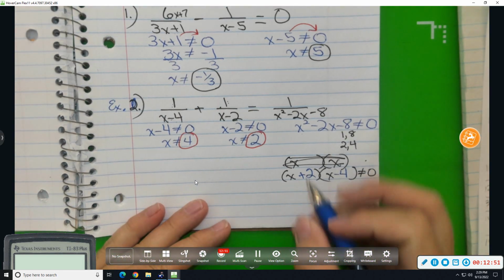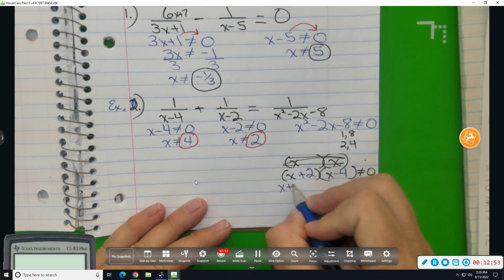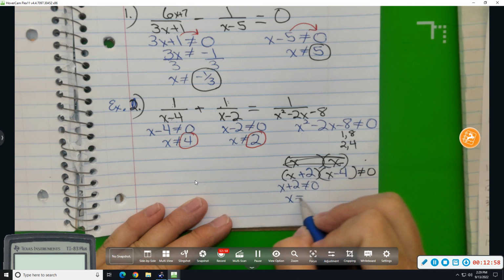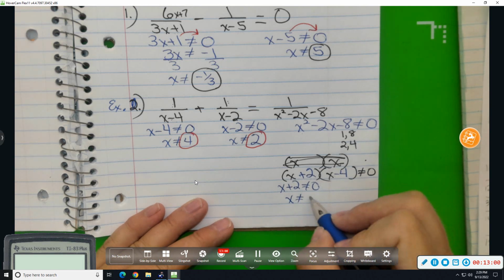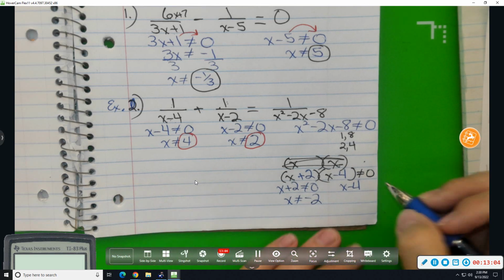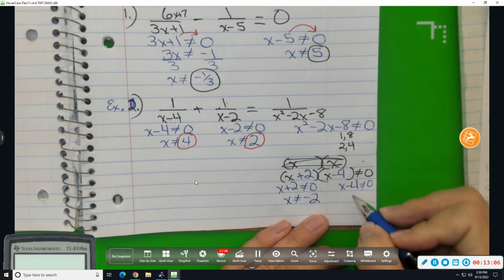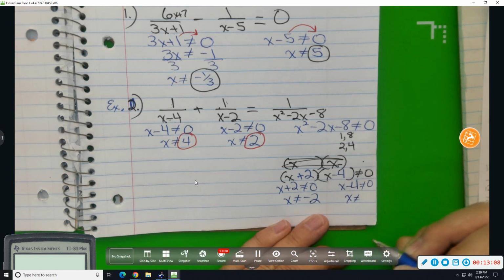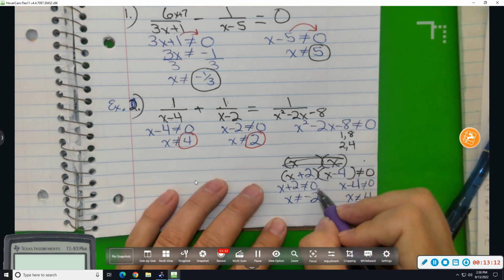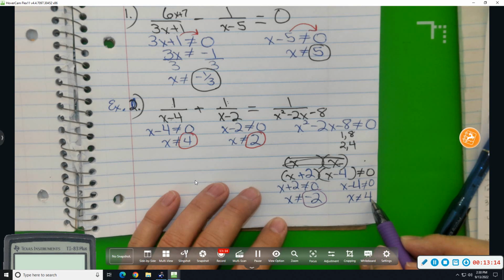Okay, so x plus 2 cannot equal 0. That's going to give us x cannot equal negative 2. X minus 4 cannot equal 0, which says x cannot equal positive 4. So, hey, we'd already had a positive 4, didn't we?